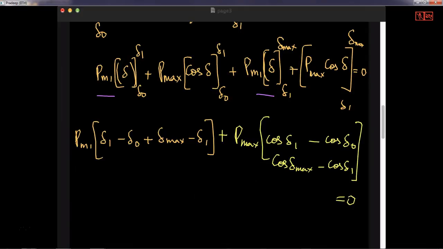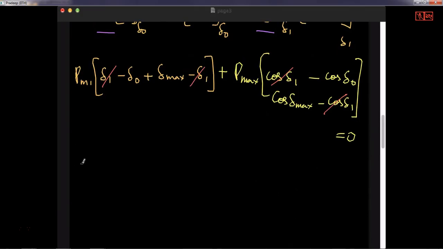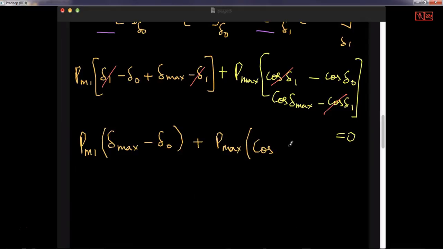Some terms will get cancelled. These two terms will cancel, and then these two terms will get cancelled. So finally I am getting Pm1 into delta max minus delta naught plus P max into cos of delta max minus cos of delta naught should be equal to 0. So I am getting finally some expression like this.